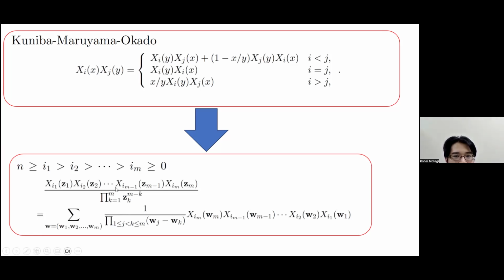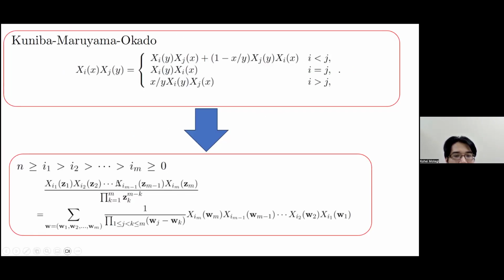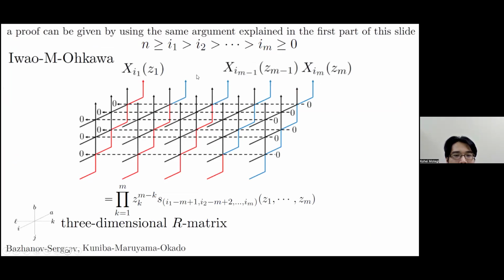And also you can see, in this example, I1 is larger than or equal to I2, and I2 is larger than or equal to I3.